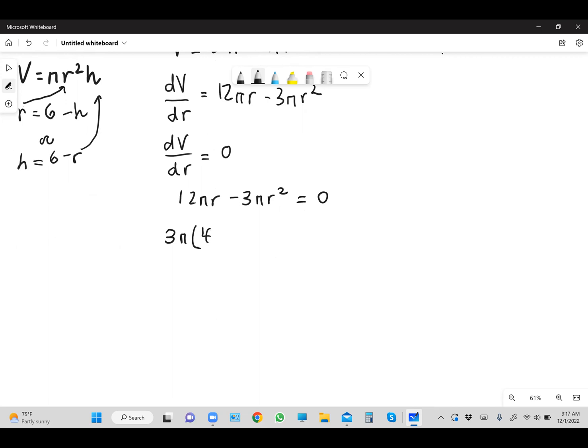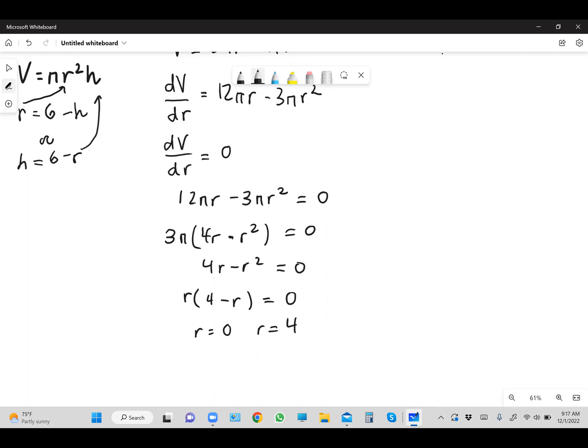So you have 4r minus r squared. And I'm going to divide everything by 3 pi, so now I'm left with 4r minus r squared equals 0. And then you can see that you can factor out an r now. r times 4 minus r equals 0. So you have r equals 0 and r equals 4.